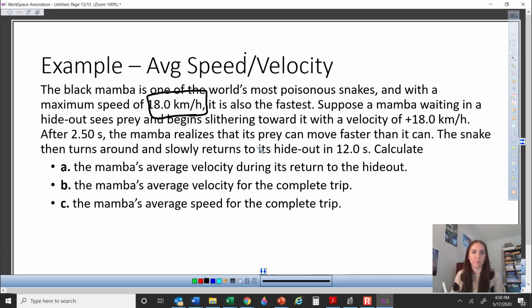So notice it's positive, away. So this is moving forward. After 2.5 seconds, the mamba realizes that its prey can move faster than it can, and the snake turns around and slowly returns back to its hideout in 12 seconds. Calculate the average velocity during its return trip to the hideout, the average velocity for the complete trip, and the average speed for the complete trip.